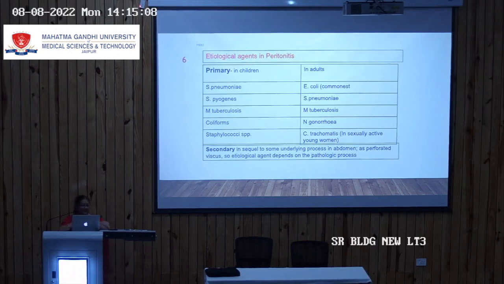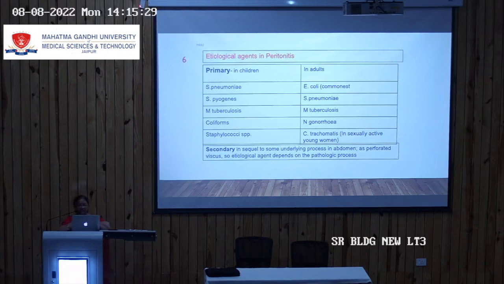It can be a primary peritonitis. You understand what peritonitis is? It is the infection and inflammation of the peritoneum. The peritoneum is the layer which covers all the organs in the abdomen. So this peritonitis can be primary in children.